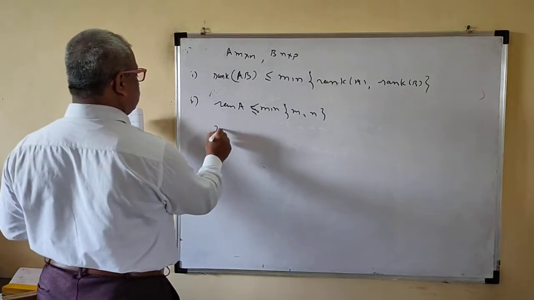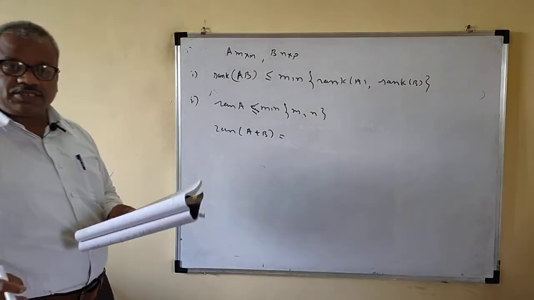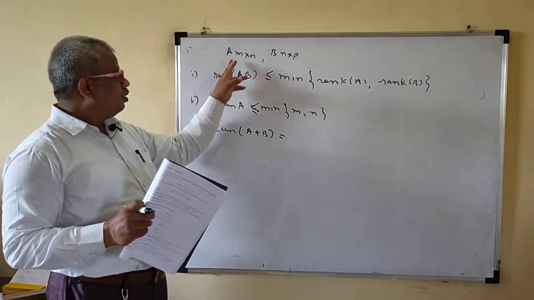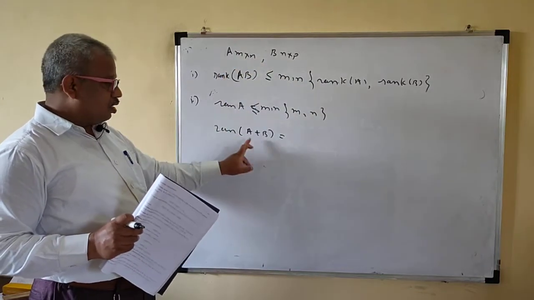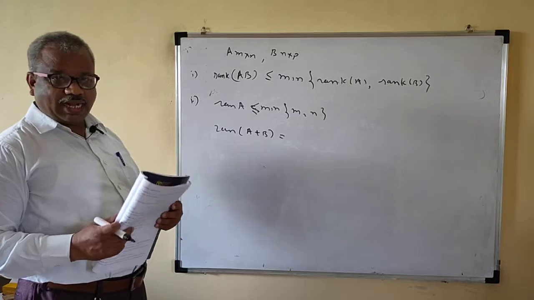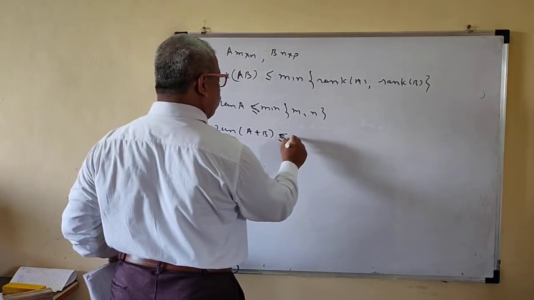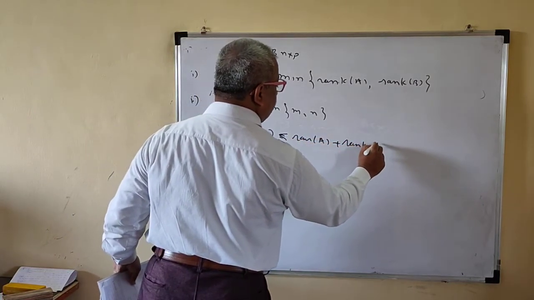And the rank of A plus B. A plus B exists means what? A and B are both m by n matrices. So A and B have the same order, then the addition exists. And the rank of A plus B is less than or equal to the rank of A plus the rank of B. Okay.